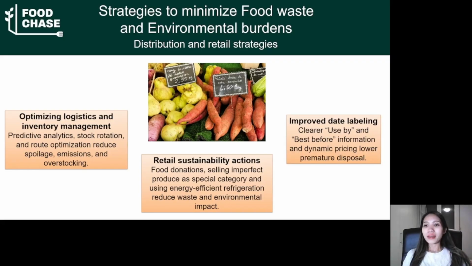And finally, improved date labeling. Clearer information about the terms use by and best before, and applying dynamic pricing can lower premature disposal. Dynamic pricing is a very interesting approach because the retailer can lower the price when the product approaches the expiration date.